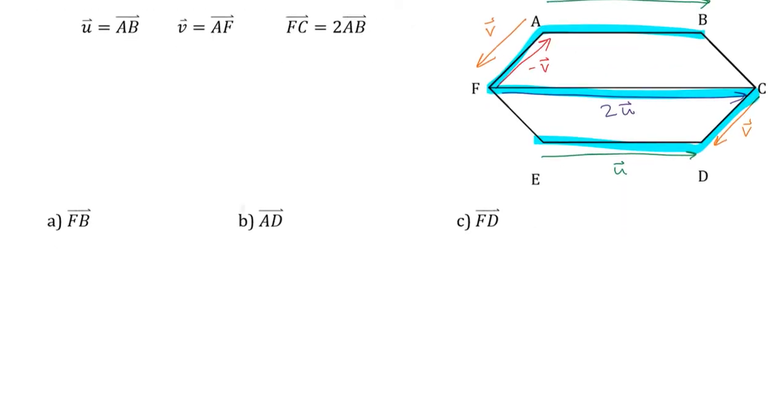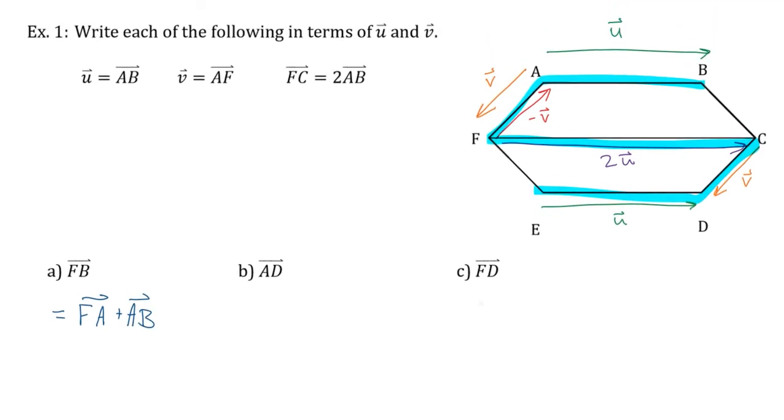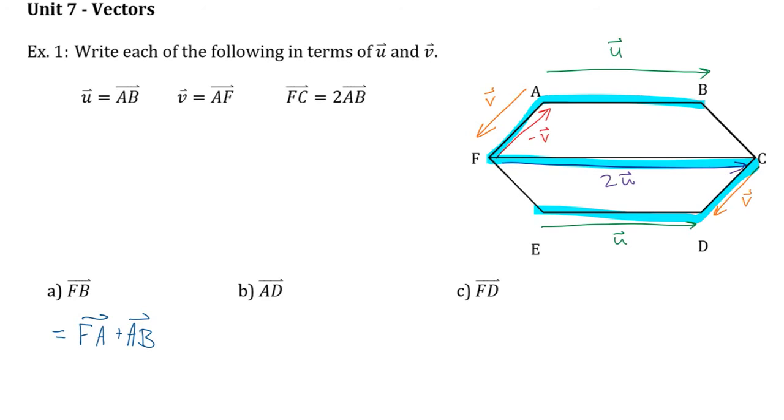But another thing you can do is you can split this up. In this case, this is just good review as well. Don't forget, this is FA plus AB, isn't it? And do we have expressions for FA and AB? Well, we have an expression for AB, but we don't for FA, but we do for AF. So as I said, AF is v, so FA is negative v.